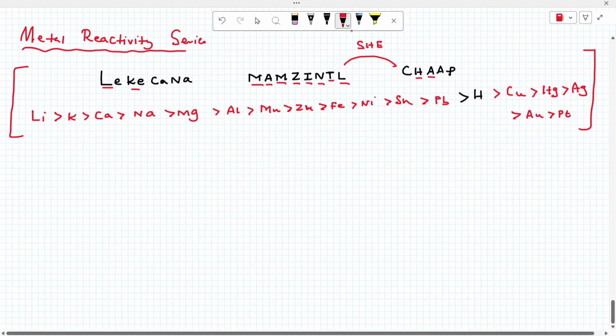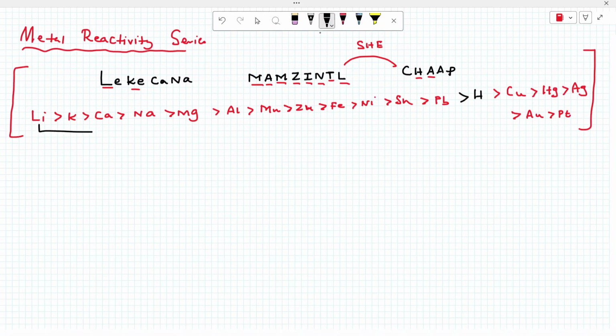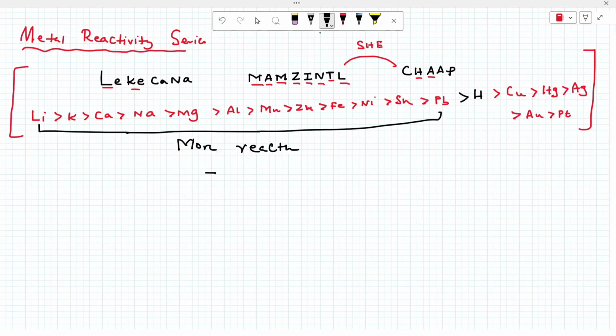Now வச்சுக்கோ இந்த எல்லா மெட்டலுமே more reactive. These are more reactive. என்ன வேல்யூ இது? More negative value of SRP. இது more negative students. Now which is more negative value? Anyone? Lithium. Lithium. This is more reactive as well as more negative SRP.